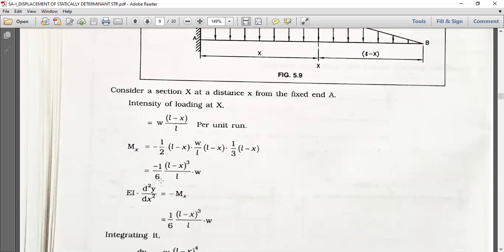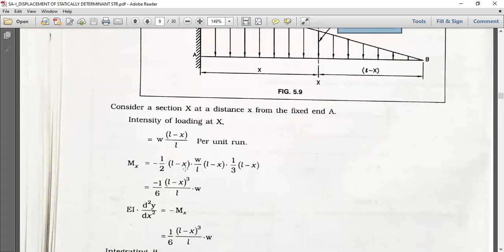Now Mx is equal to minus 1/2 (L minus x) into W divided by L, (L minus x) into 1/3 (L minus x).